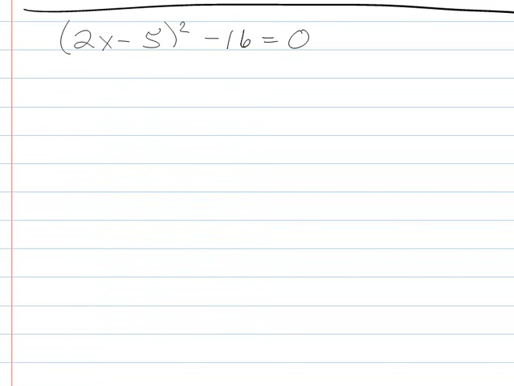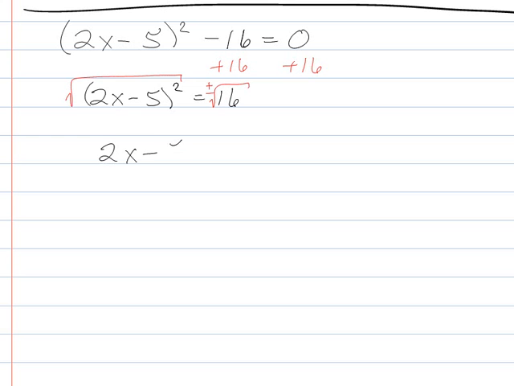All right. So remember, we're going to get the square thingy by itself. Then I want to take the square root of both sides with my little plus or minus out front to get 2x minus 5 is equal to plus or minus the square root of 16, which is 4.